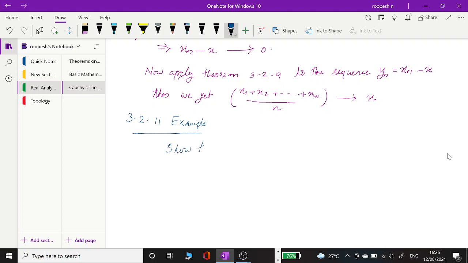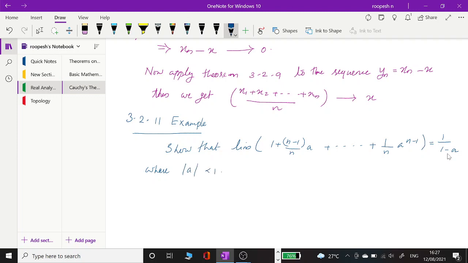Show that the limit of 1 plus n minus 1 by n into a plus etc. plus 1 by n into a raised to n minus 1 is equal to 1 by 1 minus a, where the condition is modulus of a is less than 1.